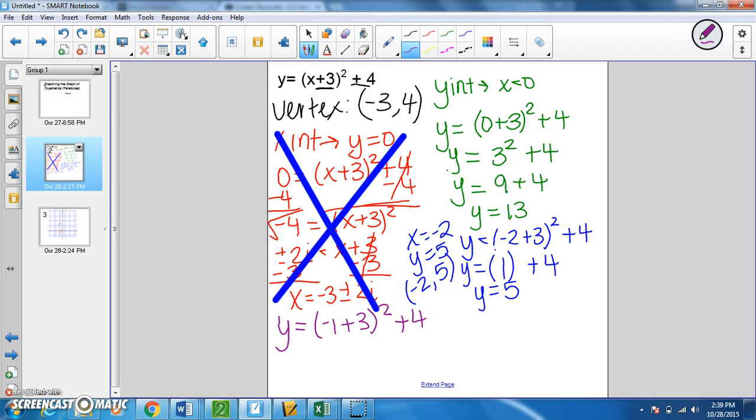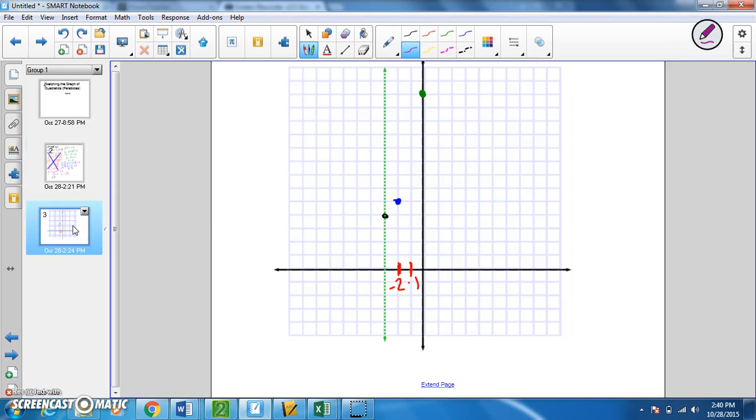So -1 plus 3 is 2. 2 squared is 4. 4 plus 4 is 8. So y is equal to 8. What did we plug in for x? -1. So our point that we can plot is -1, 8. Let's go back to our graph. -1, up 8.